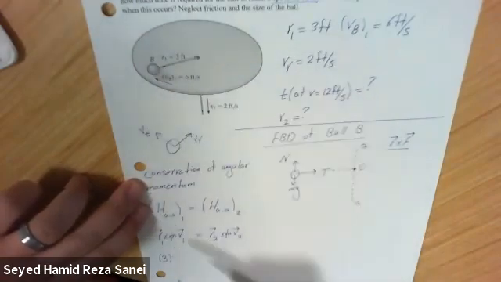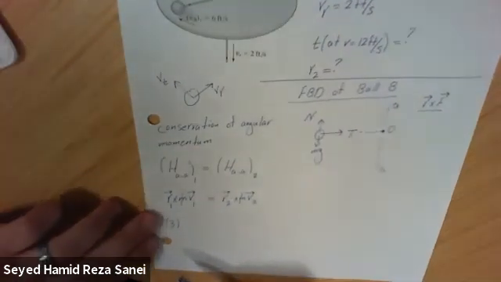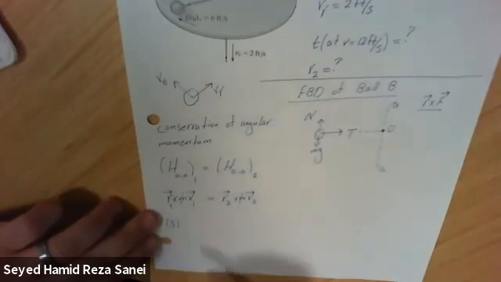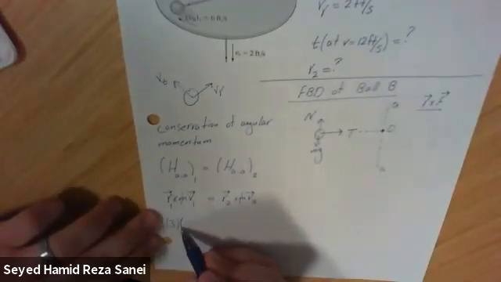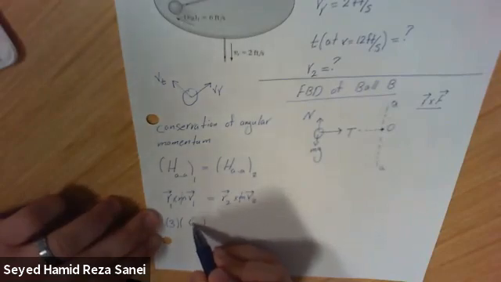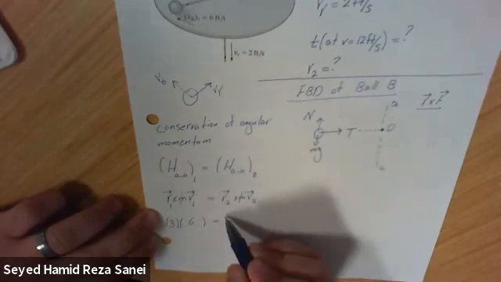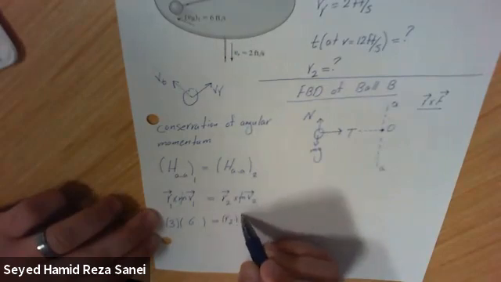Whenever we are writing the conservation of angular momentum equation, we need to know which velocity is actually creating a moment. The tangential velocity is creating a moment, and the initial velocity is given to us as 6 feet per second. And sine is 1, equals R2, which we don't know. That's the unknown.